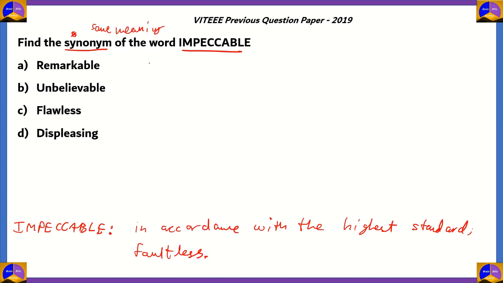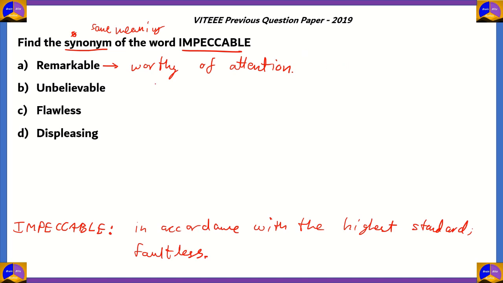So we need to find out a word from the following options which means the same thing. We have 4 options here. Option A is remarkable. The word remarkable means something that is worthy of attention. So for example, if your brain is quite good, then we say that your brain is remarkable.